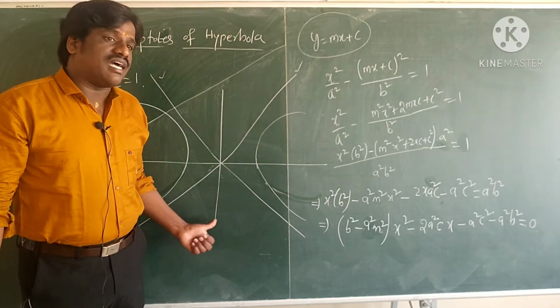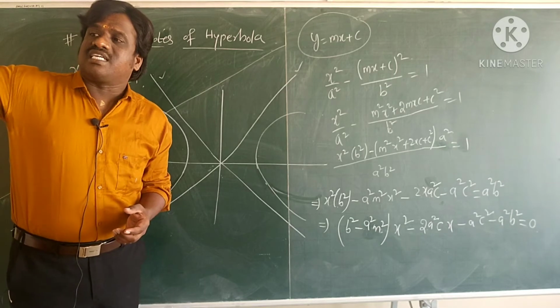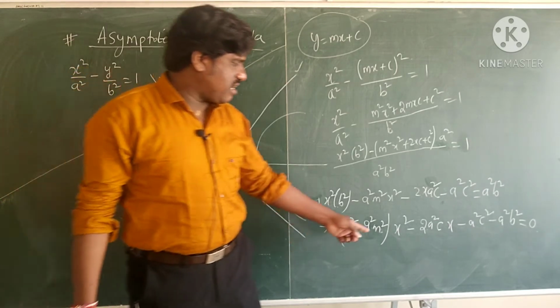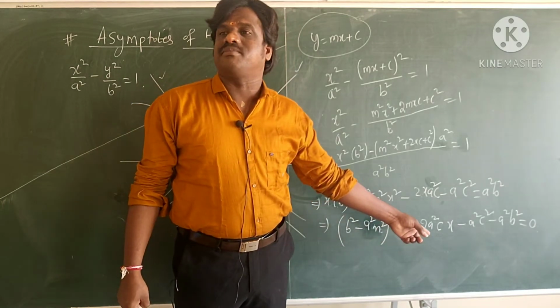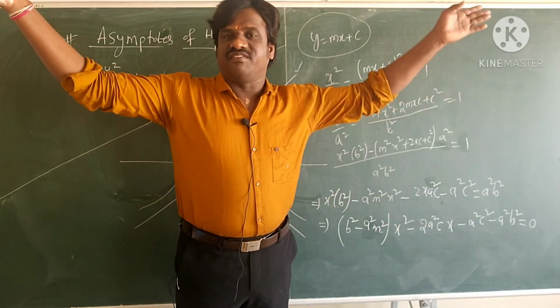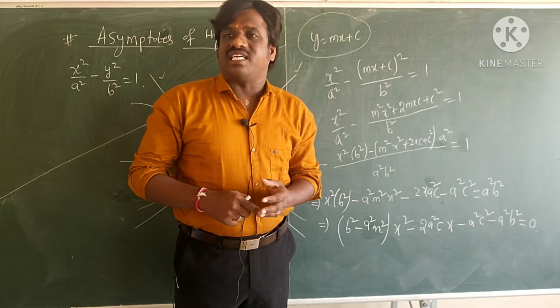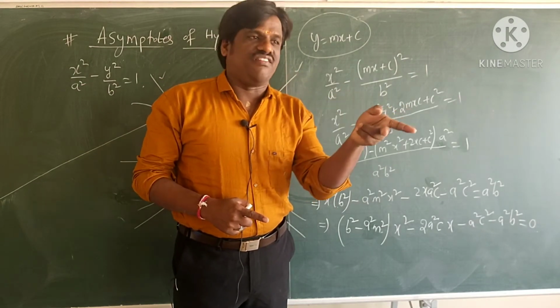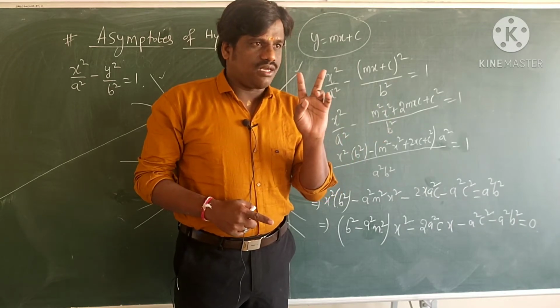So here, if they are touching at infinity, then the coefficient of x square and the coefficient of x must be 0. If the quadratic equation has two roots at infinity, that is the condition. Okay, that I explained.